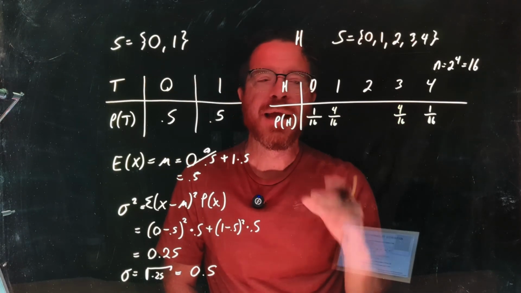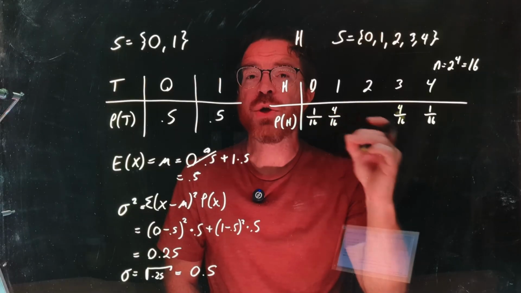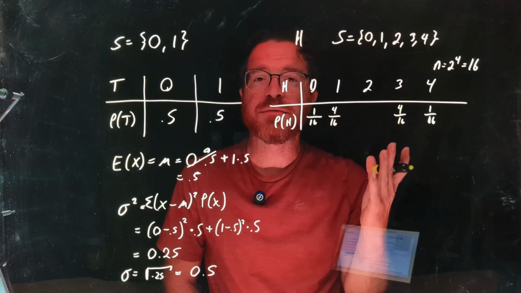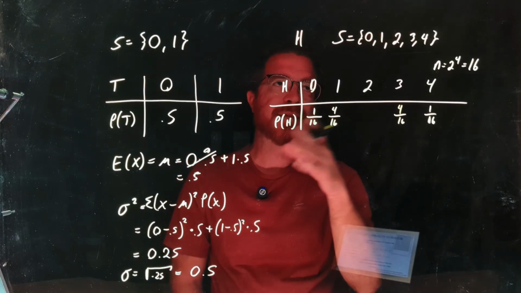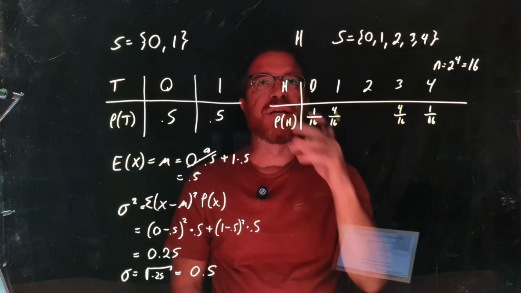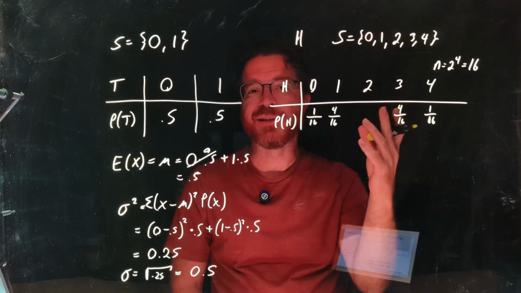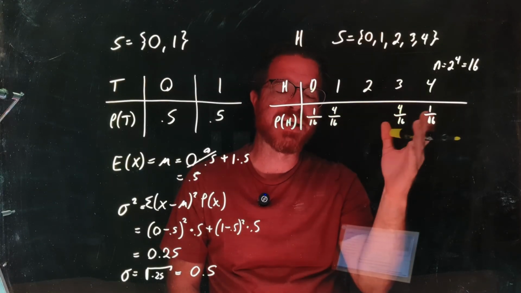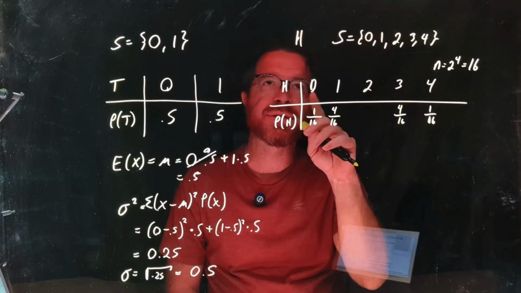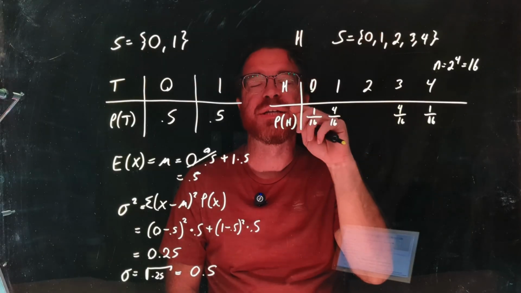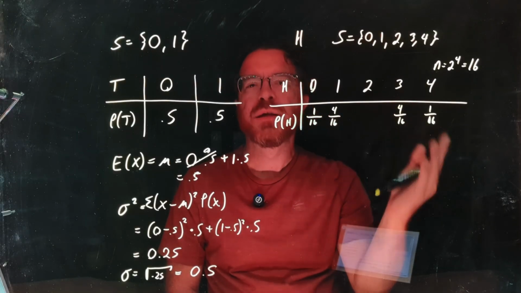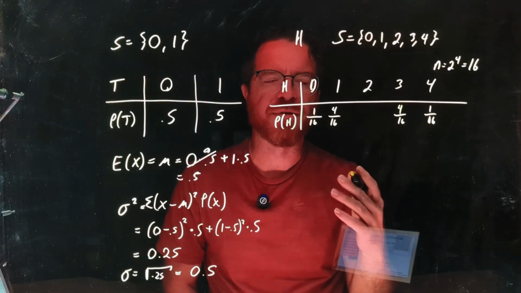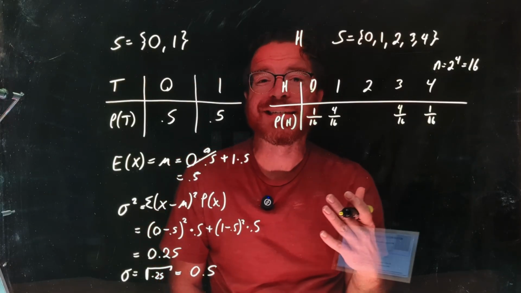There's 4. Now for the last one, you could go through and list all the ways you could get 2 heads. You could say, okay, well, heads, heads, tails, tails is one. You can get heads, tails, heads, tails, that's another one. You can get heads, tails, tails, heads. You can get tails, tails, heads, heads. You can get tails, heads, tails, heads. You can get tails, heads, heads, tails. I think I might have already said that one, which will be 6 out of 16.